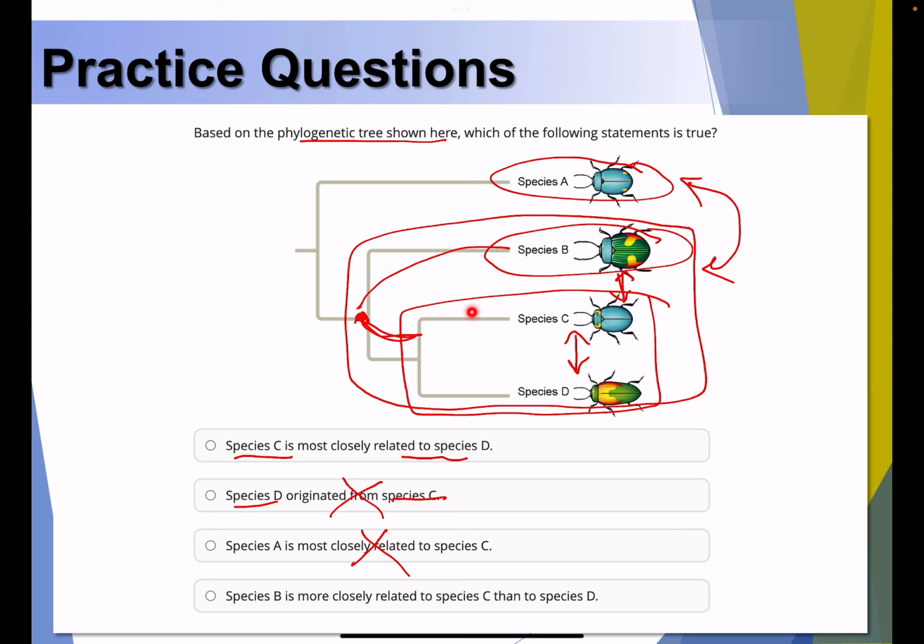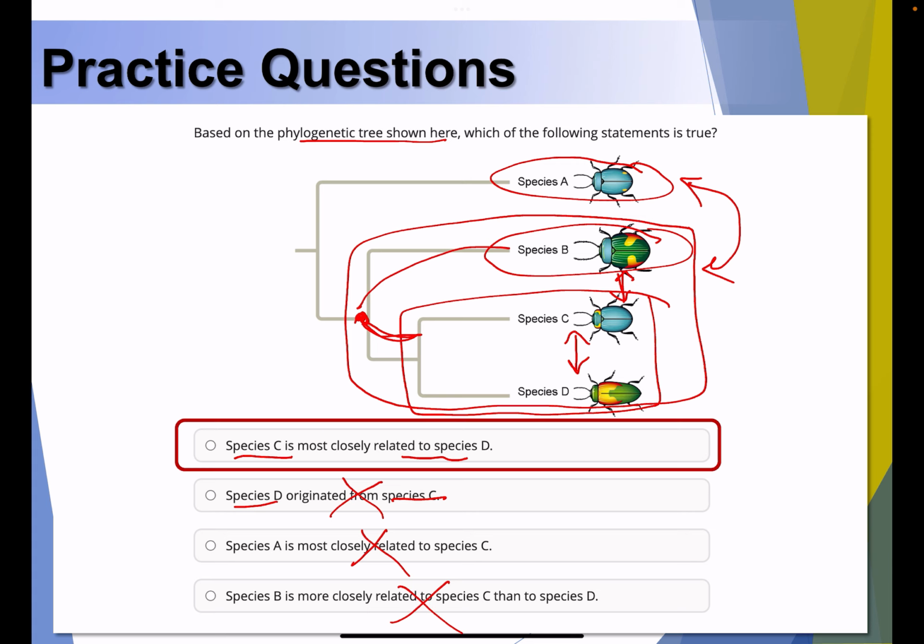We're going to come back here to look at where the branch point is. C and D are sister taxa, most closely related, but B is not more closely related to C than D, so that is incorrect as well. Hence, the answer is the first one: species C is most closely related to species D.